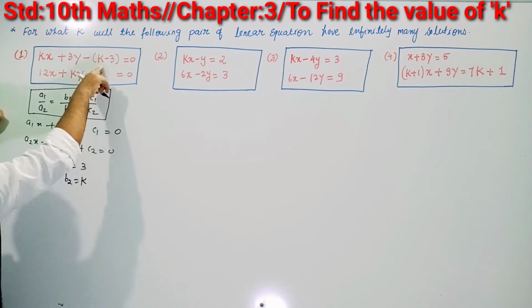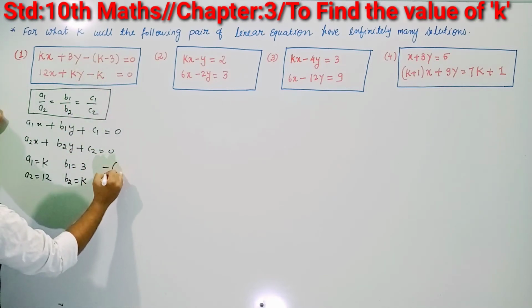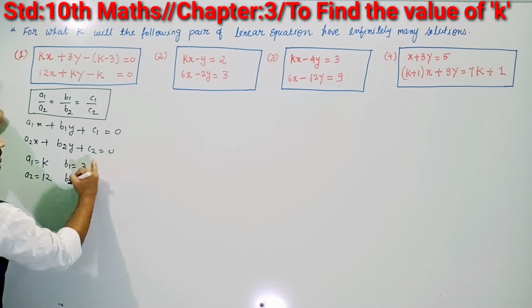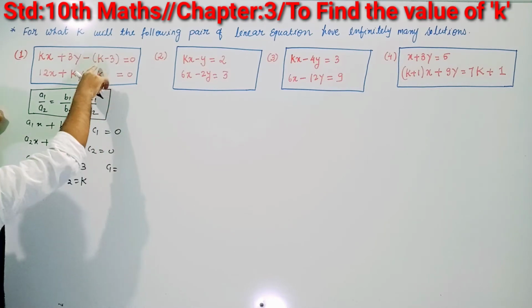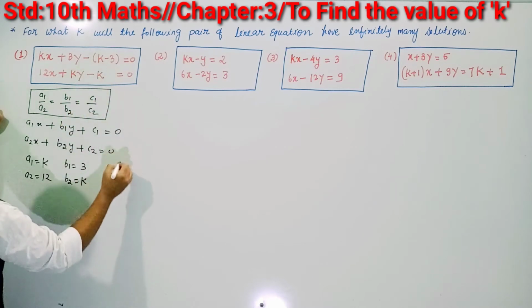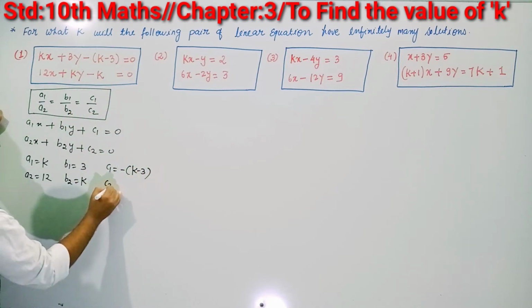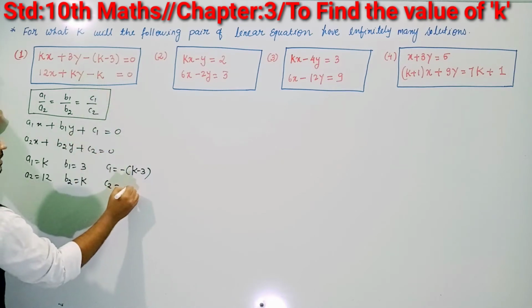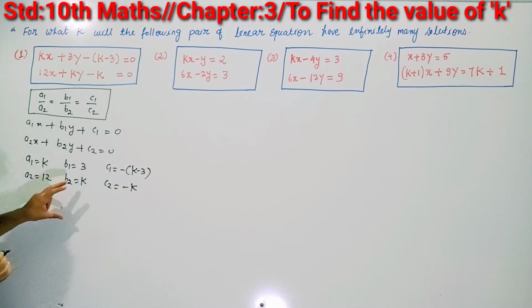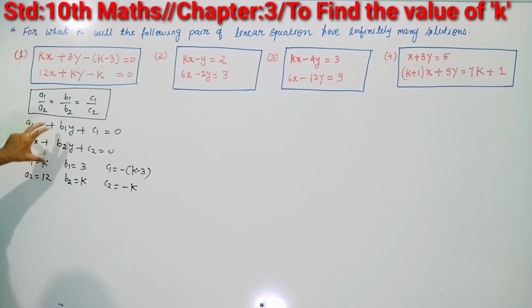C1 is minus in the bracket k minus 3, so minus (k minus 3). And C2 is minus k. Students, what you have to do is substitute the values in this condition and compare any two terms to find the unknown value k.